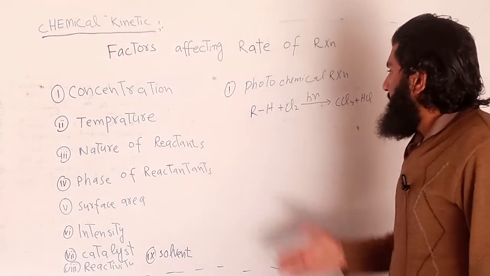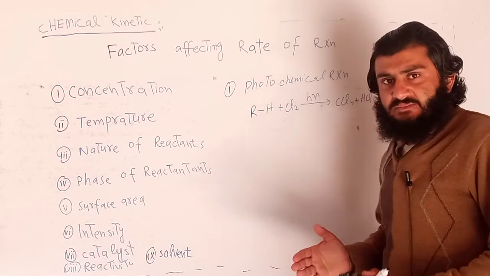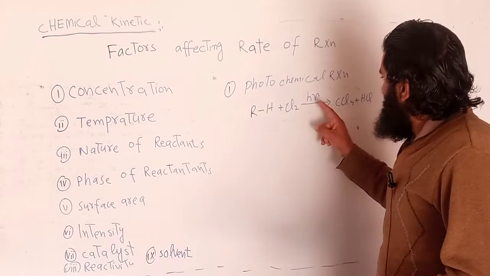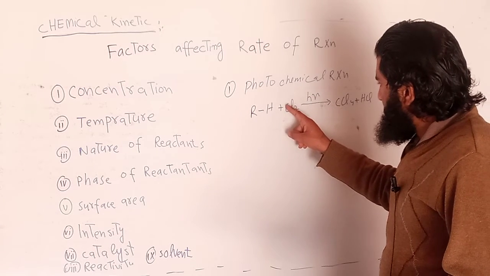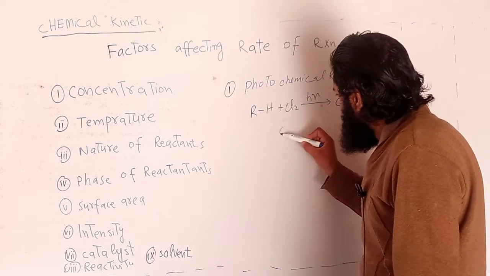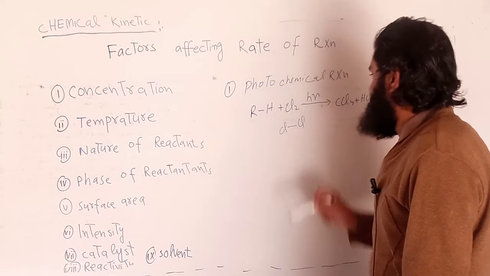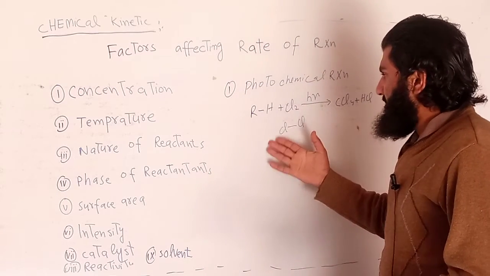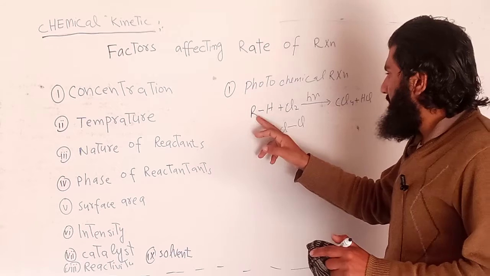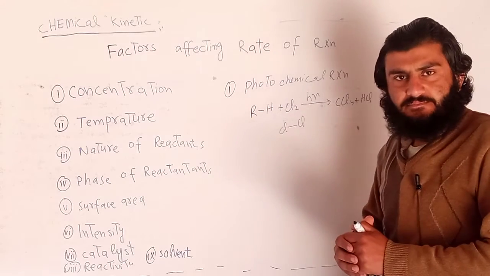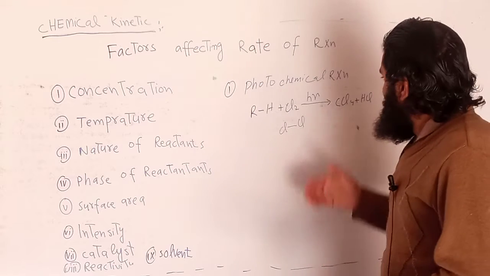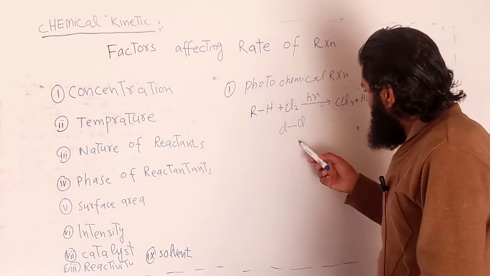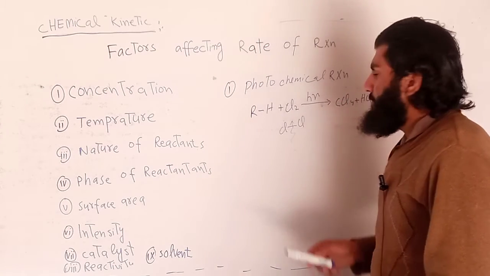So you know the photochemical reaction starts when the radiation from the sun breaks the Cl-Cl bond, clear, the Cl-Cl bond. It does not start only by the collision of alkane with chlorine, clear. So this type of reaction starts when ultraviolet radiation breaks the chlorine-chlorine bond.